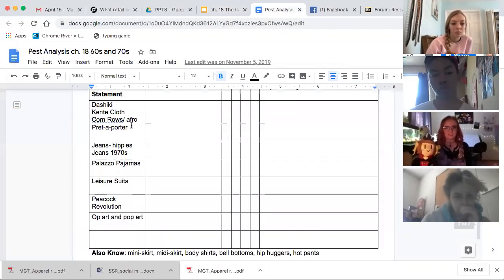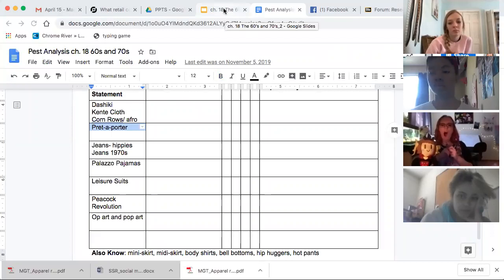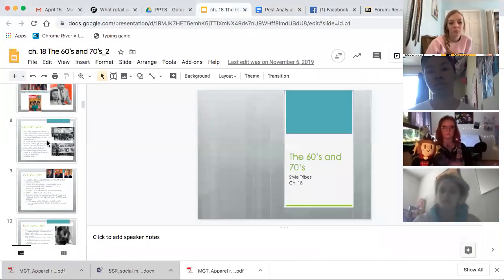The idea of ready-to-wear became a thing in the 60s and 70s. Ready-to-wear is just the fact that designers made clothing that you could purchase at a department store or off the rack, not something that you had to have custom made.